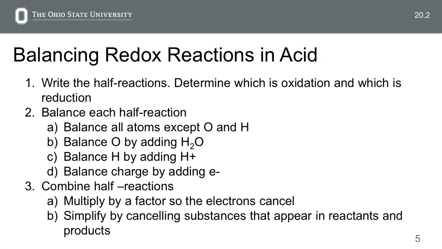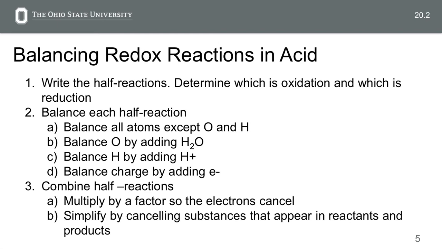This is written as 3 steps, but there are actually quite a few steps here. The first thing is to write the half reactions, and that's not necessarily trivial, but essentially it's going to come down to writing a half reaction where an atom, something other than oxygen and hydrogen, shows up on one side, and that same atom shows up on the product side.